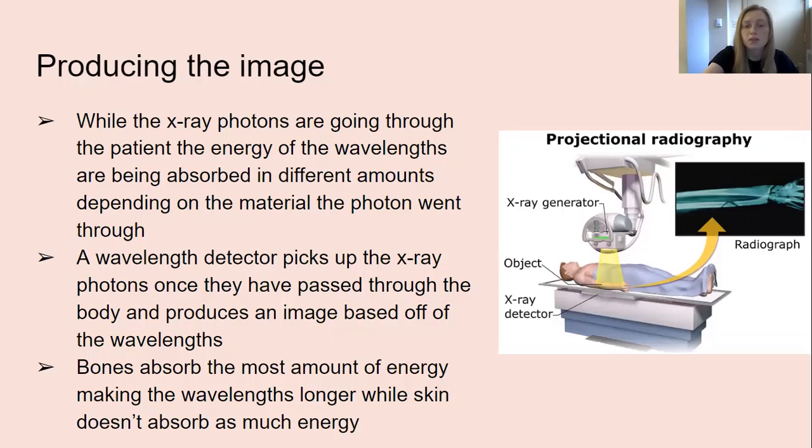Bones absorb the most energy, while skin doesn't absorb as much energy, and so the machine can take how fast the wavelengths are going and produce an image.